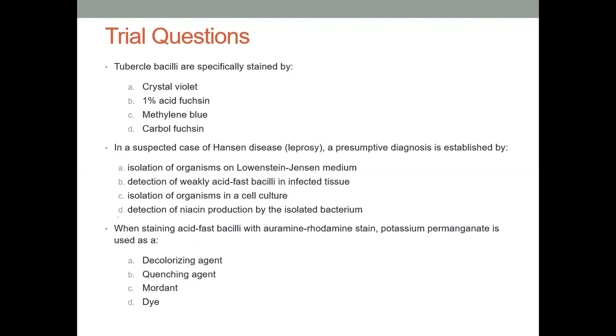So the carbol fuchsin is the primary stain which will enter the tubercle bacilli, and then once you have applied your water, the cell wall will reform and retain the carbol fuchsin inside, and that is why it is called acid fast.